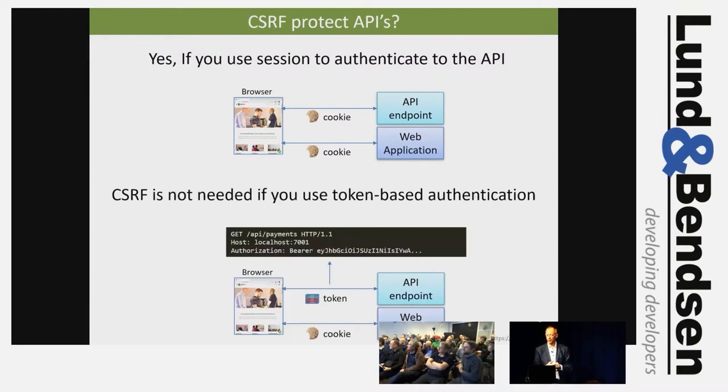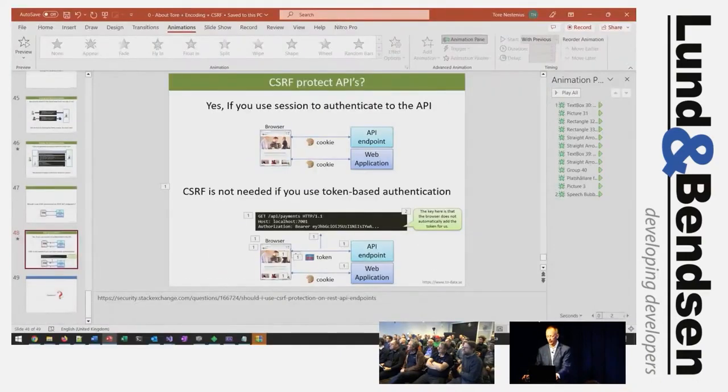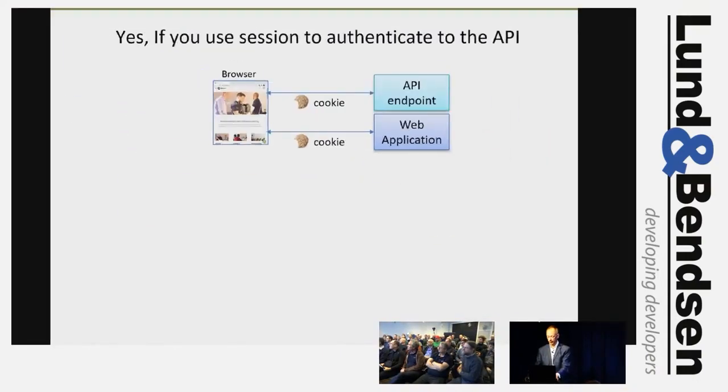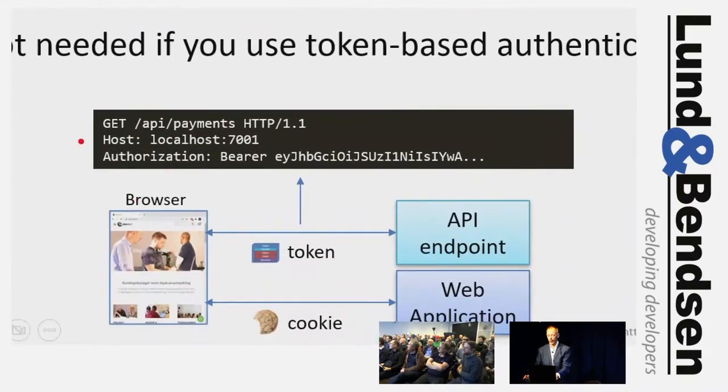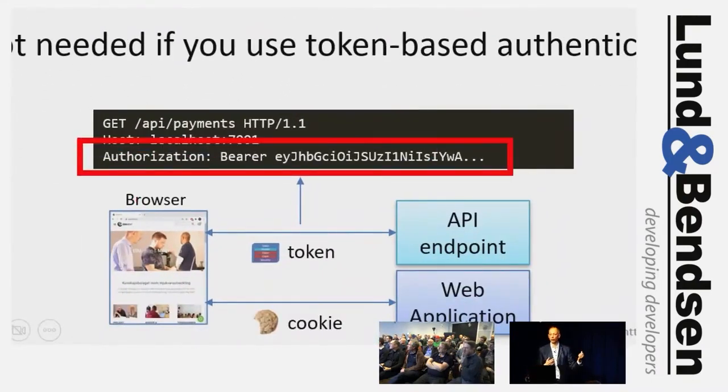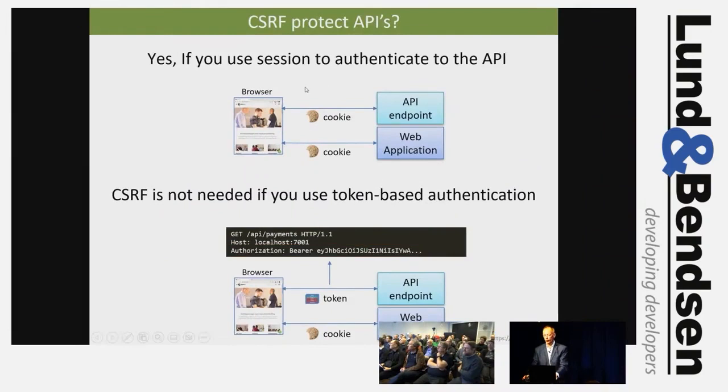But if you use an API that is token secured by using JSON Web Tokens, then it's not a problem, because in this case, you always need to add that bearer token manually. You need to add that header manually, so the hacker won't do it. Then the second problem is, do you really want to have tokens in your browser? That's a different question. But for CSRF, whenever you have a cookie involved, you might be in danger.